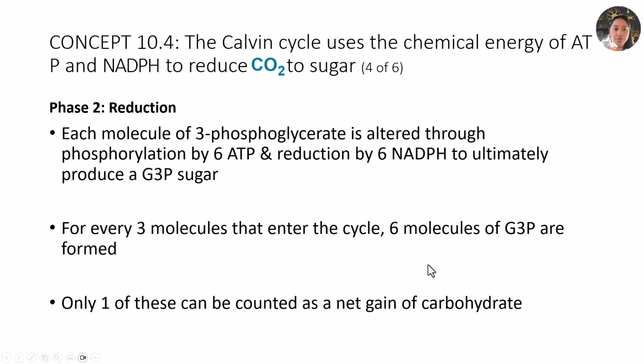So phase 2, reduction. Each molecule of 3-phosphoglycerate is altered through phosphorylation by 6 ATP and reduction by 6 NADPH to ultimately produce a G3P sugar. So for every 3 molecules that enter the cycle, 6 molecules of G3P are formed, but only one of these can be counted as a net gain of carbohydrate.